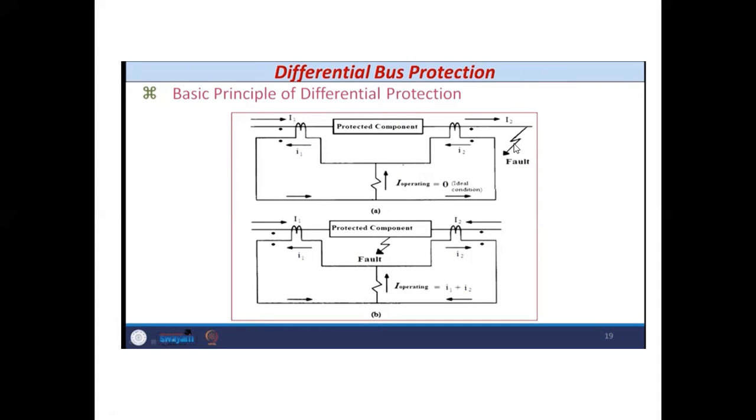Whenever there is an internal fault, for example this is the internal fault case, in the bus or the equipment, the operating current is the addition of these two currents, I1 plus I2.